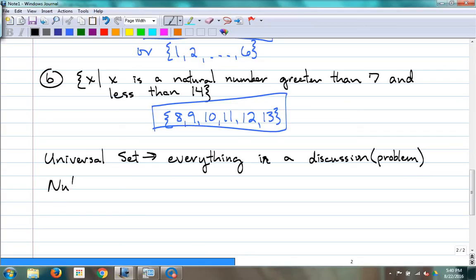Kind of the opposite of that, what's called the null set. It's an empty set. Well, if it's empty, it has no elements. There's nothing in it.